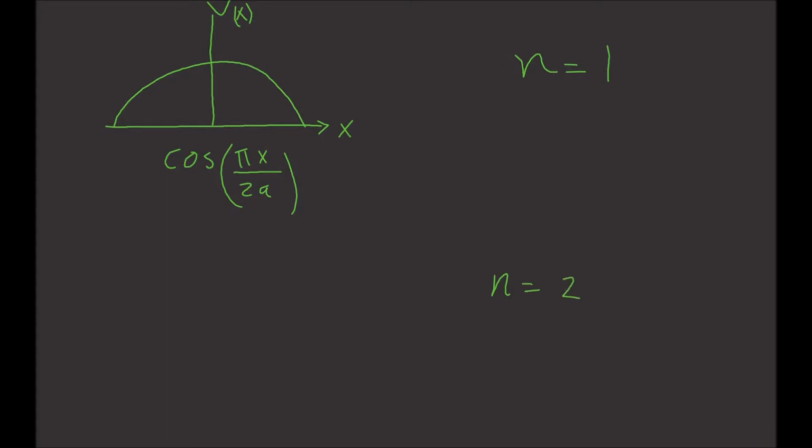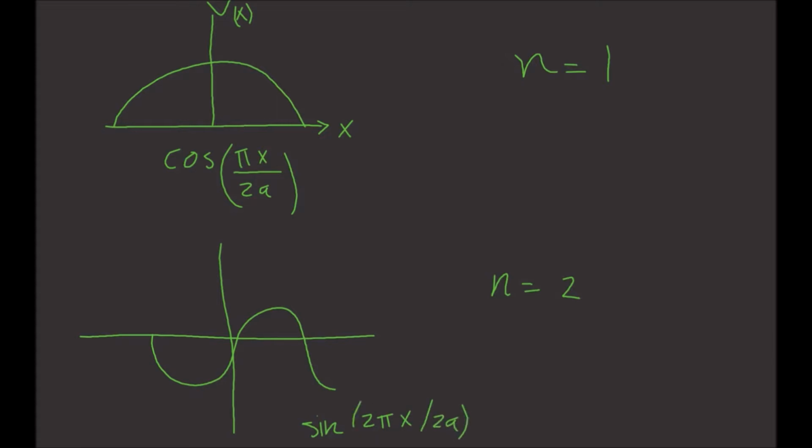It's even, so we have the sine, just a sine wave. This is centered. So this is sine of 2 pi times x over 2a. Of course, here it's minus a, and here is positive a. So actually this doesn't exist outside. And here is minus a, and here is positive a.